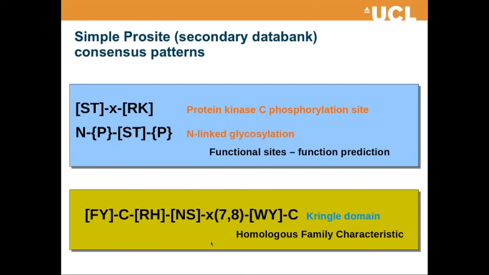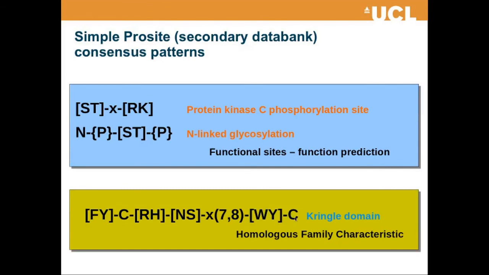Now, the second type of pattern that the ProCite databank contains is this type, which is characteristic of a particular homologous family. So in this case we have phenylalanine or tyrosine followed by cysteine, arginine or histidine followed by asparagine or serine, and the round brackets indicate a range. So this means 7 to 8 of anything, followed by tryptophan or tyrosine, followed by cysteine.